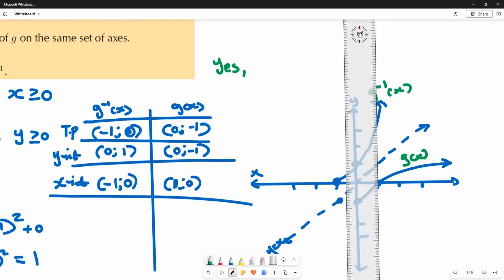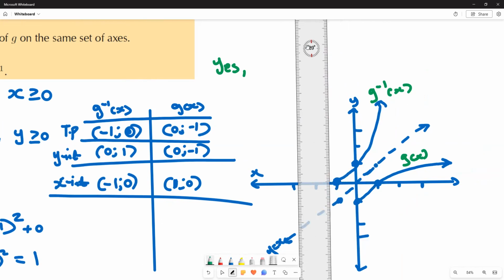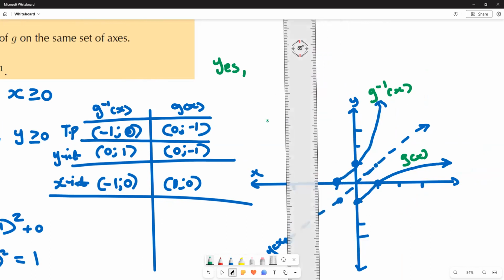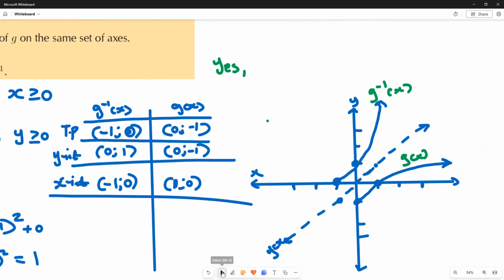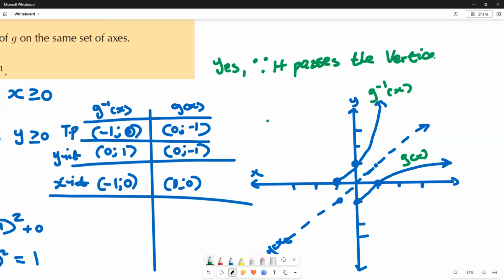On the inverse, it cuts only once at any given point. So it passes the vertical line test. So you're going to say, because it passes the vertical line test.